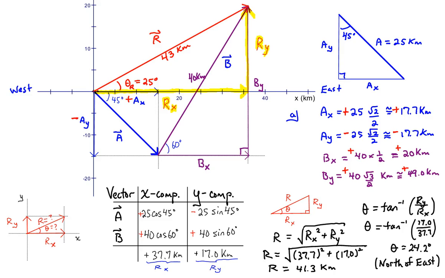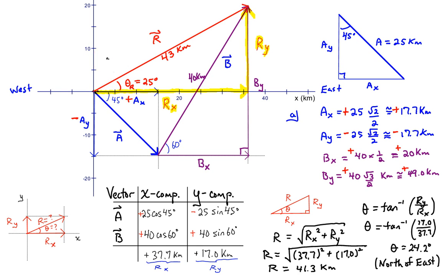You could probably state this answer in different forms. You could use 41.3 kilometers as always the magnitude of the displacement, but the angle could be made, say, with respect to the vertical axis, which would be 65.8 degrees. So you could say a displacement of 41.3 kilometers at an angle of 65.8 degrees east of the northerly axis.